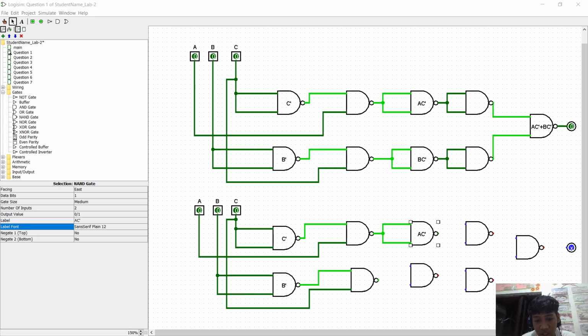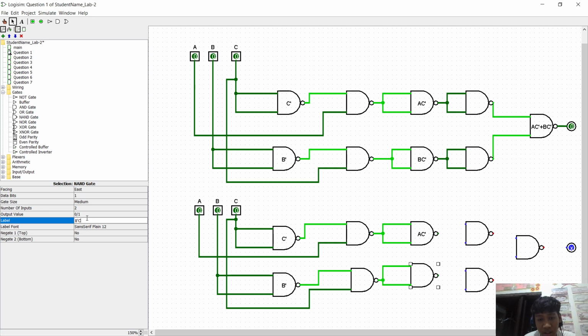And then for the other gate, which will be B prime and C, we will be naming it as B prime C.